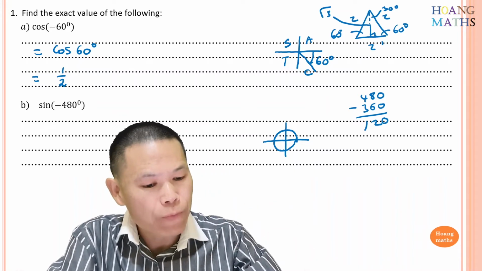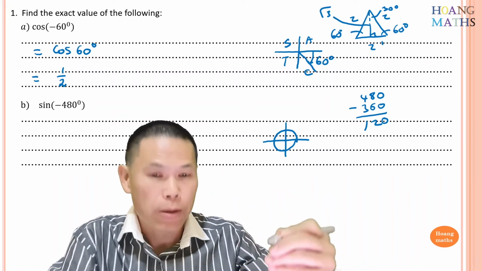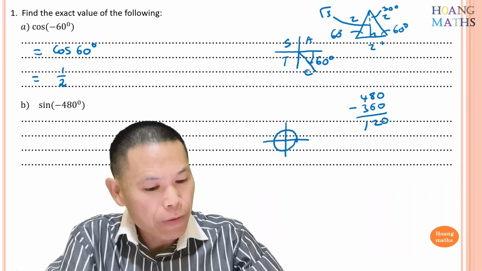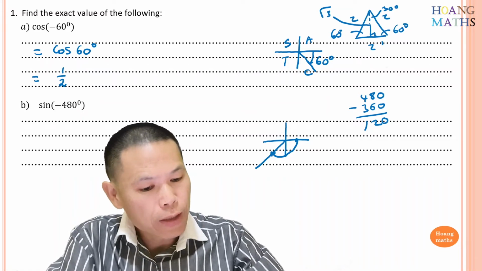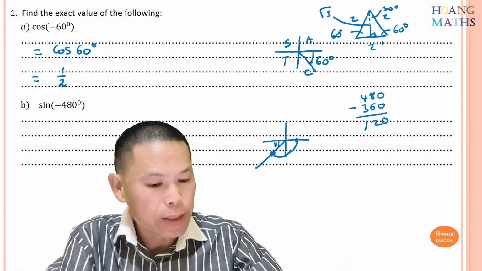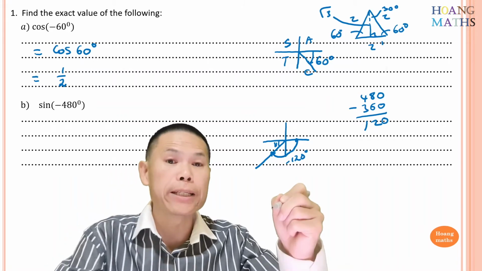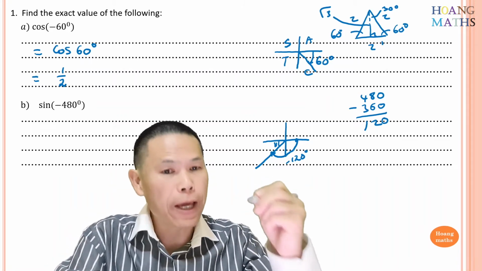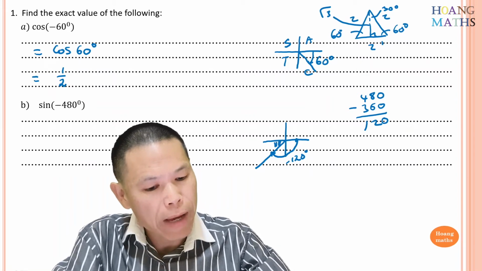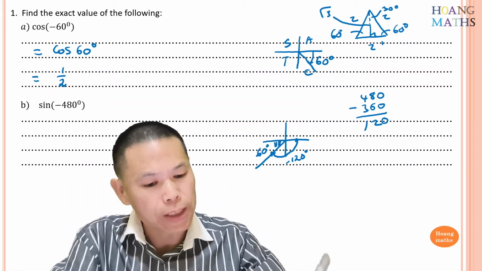We already have 360, go back to where we start, and we go further negative 120, up to here. Don't forget, we need another negative 60, but the reference angle is always positive, so 60 degrees.